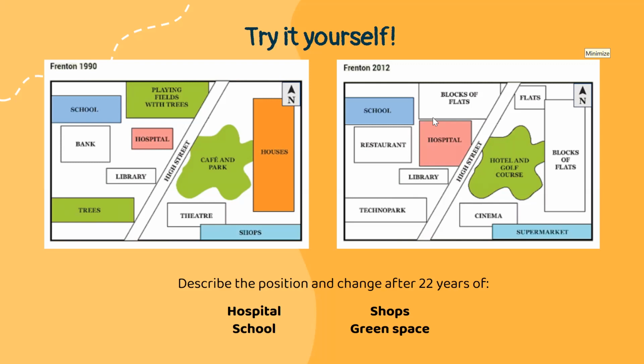I will give you several seconds for preparation. I will ask Anh for the hospital, Kim Ngân for the shops, Chap Nhã for the school, and finally Thư for the green space in general. You should describe the position and the changes using the nouns or the language of location I have prepared, or just use your own.